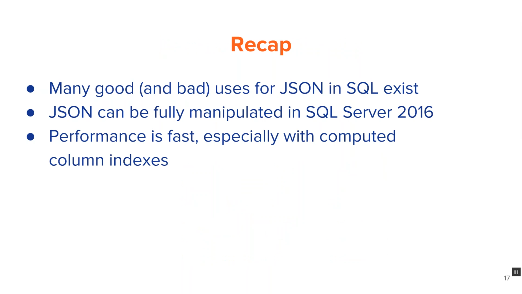So, just as a brief recap, there's lots of good ways, lots of bad ways of using JSON in SQL Server 2016. I think the functions Microsoft has provided work really well. They're really efficient. I just don't like that one deletion of array values, but hopefully they'll fix that in the future. And if you're indexing your data correctly, it really truly is fast, and it's faster than the C# alternative, right, or equivalent.